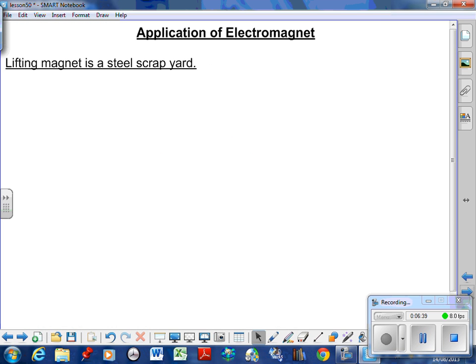So, application of electromagnet, kind of finishing up a couple of things here. What would an electromagnet look like in a scrapyard? Basically what they do with the electromagnet is that they get a big hunk of soft iron, and they weld a couple pieces of soft iron to that soft iron.